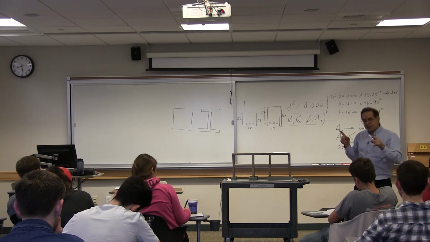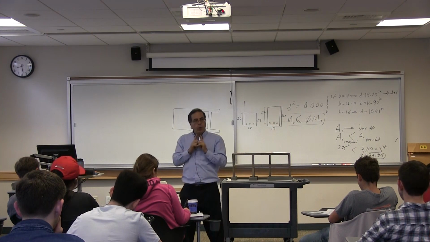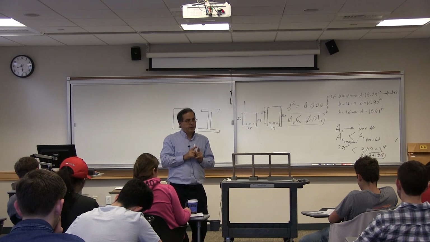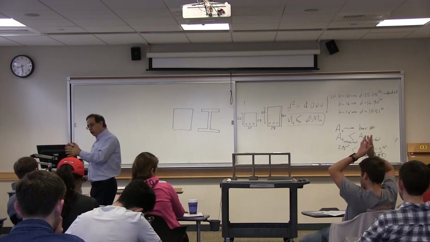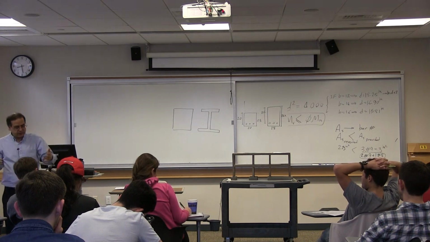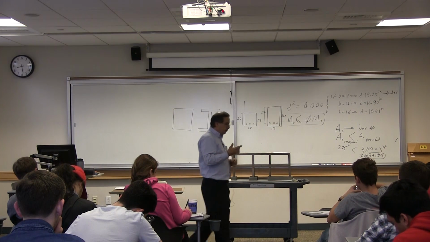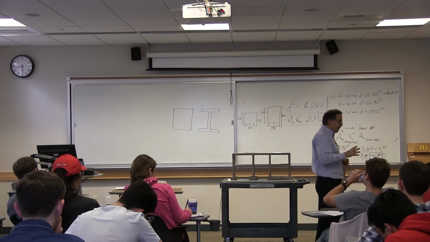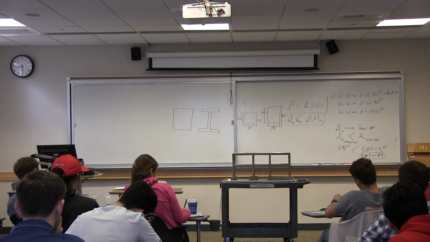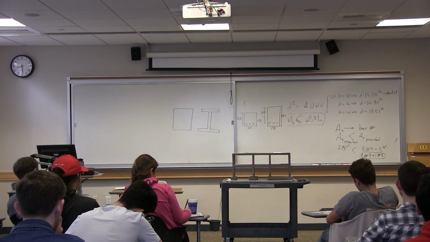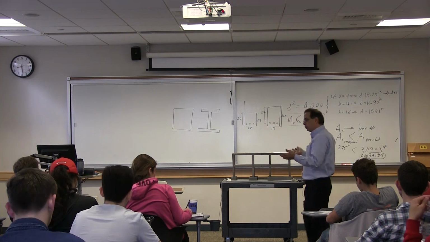With a big D, that is the best condition from a mechanical point of view only. In the past, if you look at older books, maybe even some of the newer books, they say that a good D over B is in the range of 1.5 to 2.